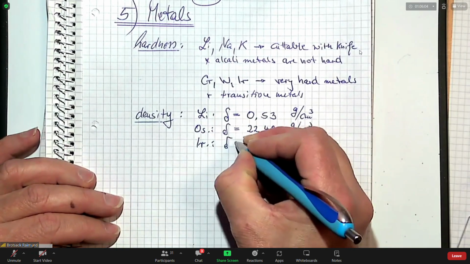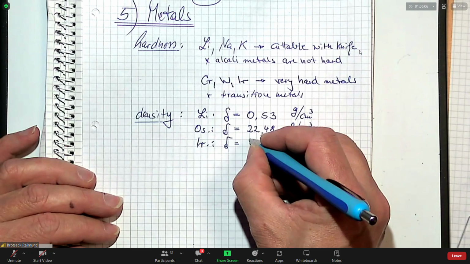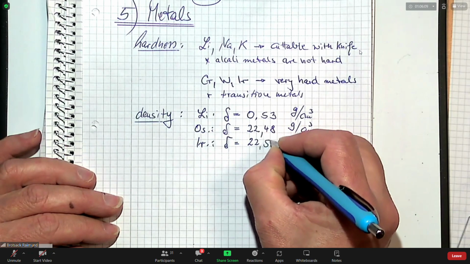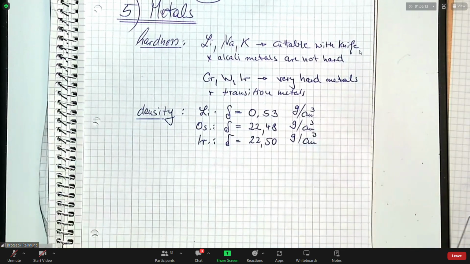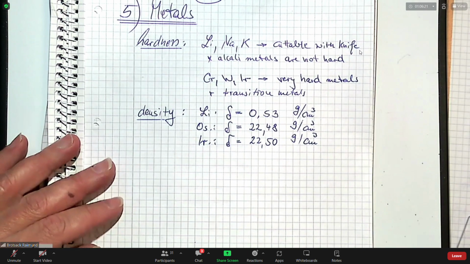Iridium as well. The density is similar to osmium, 22.5 gram per cubic centimeter. So here, even a big difference. So we divide our metals into light and heavy metals.